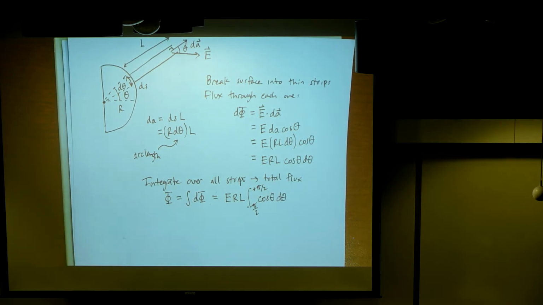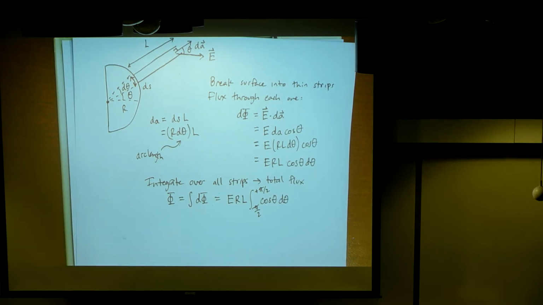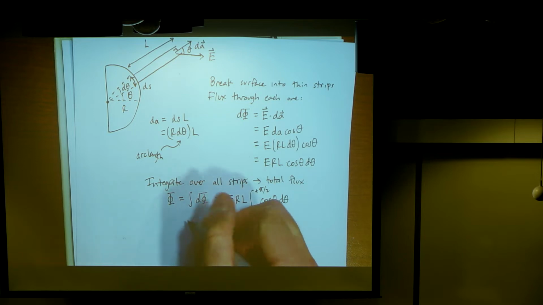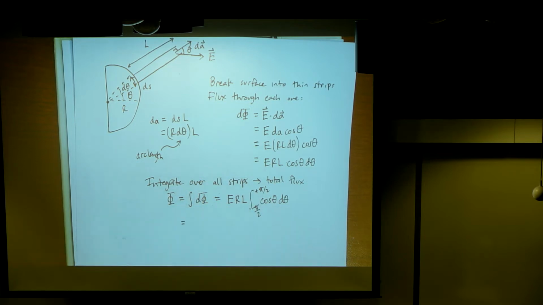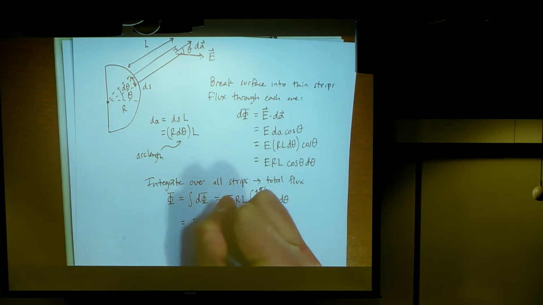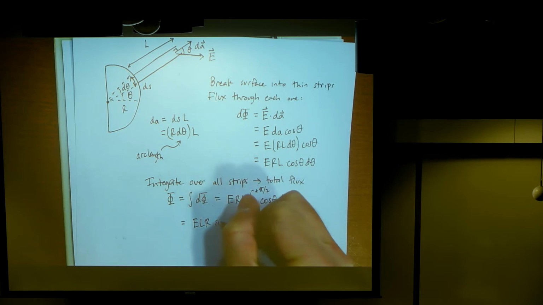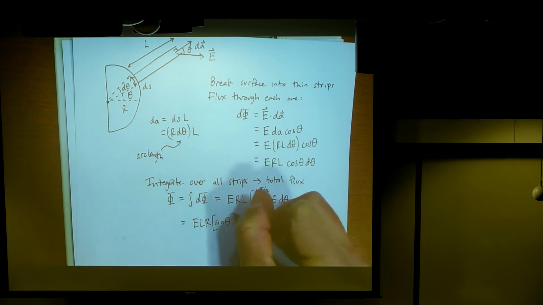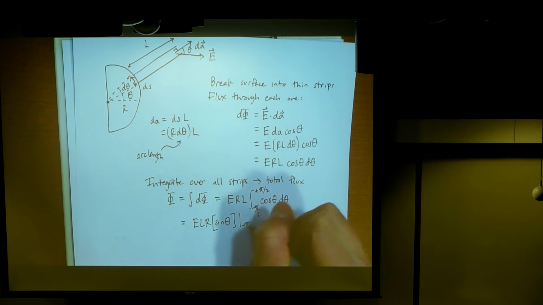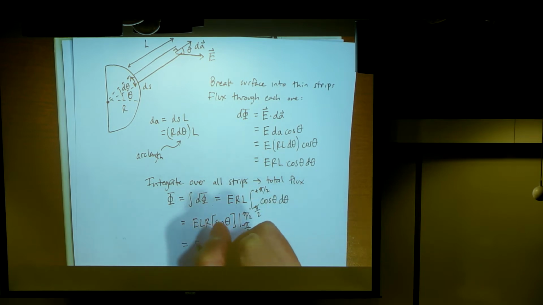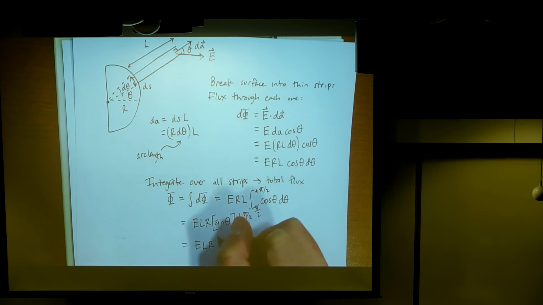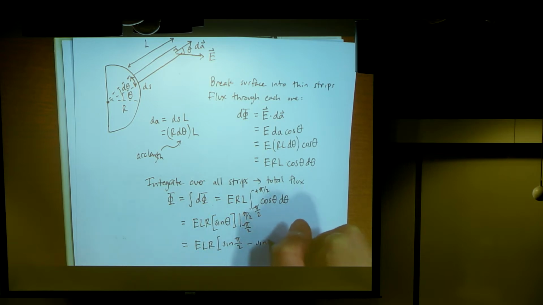Let's just do it. When I have cosine and I integrate it, what do I get? I just get sine. So this is ELR, and then I have sine theta, evaluated from minus pi over 2 to positive pi over 2. So I have ELR times sine of pi over 2 minus sine of negative pi over 2.